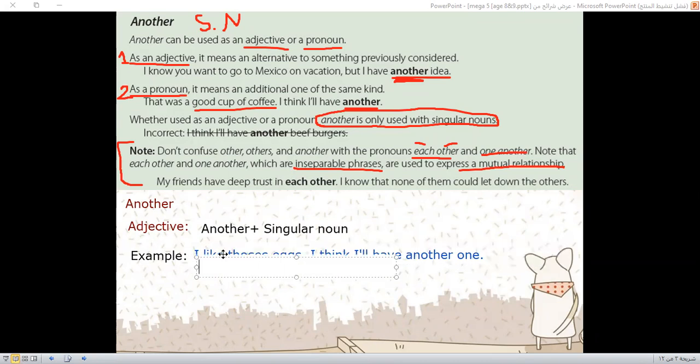Another example, please. Can you please give me another book? Yes, thank you. We can say, can you please give me another pen or another book?